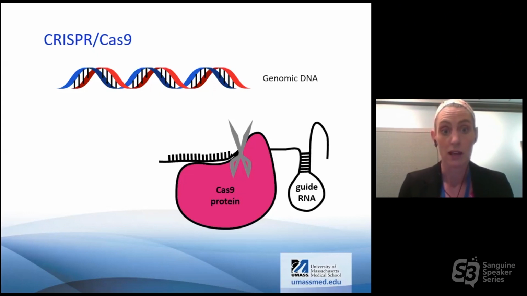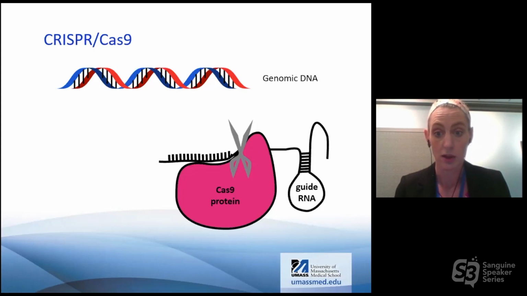So this is not a way of introducing DNA into the cell. The difference with CRISPR is that you actually are modifying the patient or the animal or the cell's genomic DNA. And so this is derived from a bacterial protein.